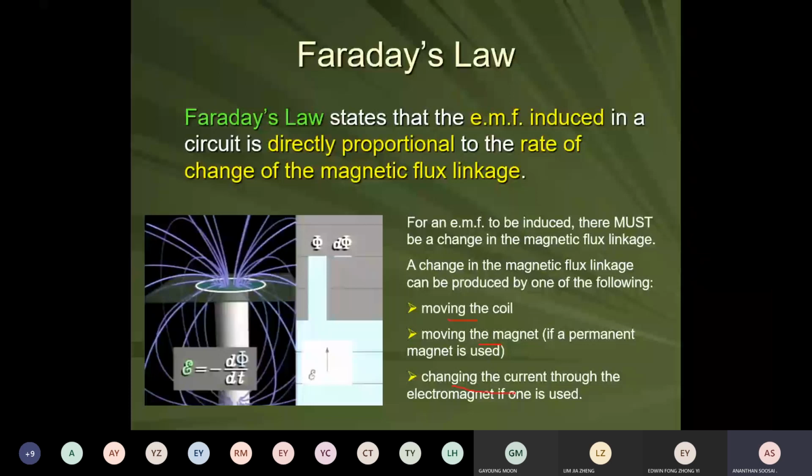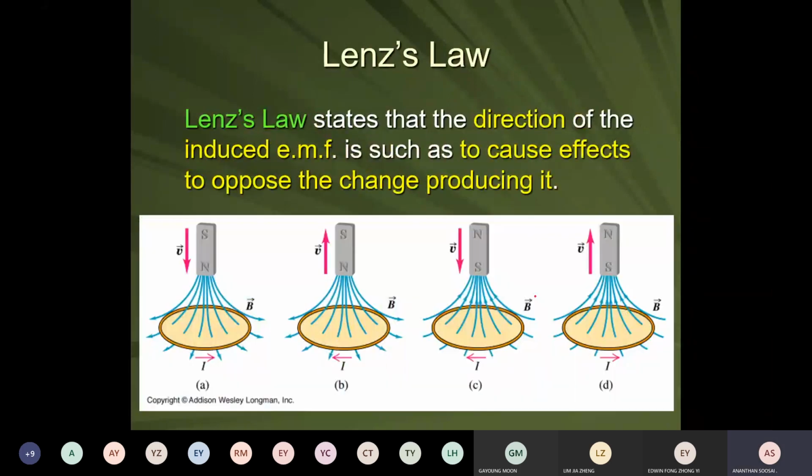Faraday said EMF is proportional to d psi over dt, but he never mentioned it's negative. The negative was told by another scientist. That's another law, the next law. First, let's just understand Faraday's law. So that's about Faraday's law.